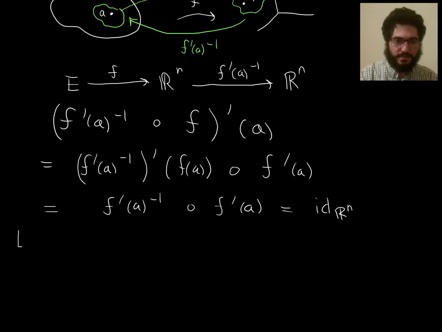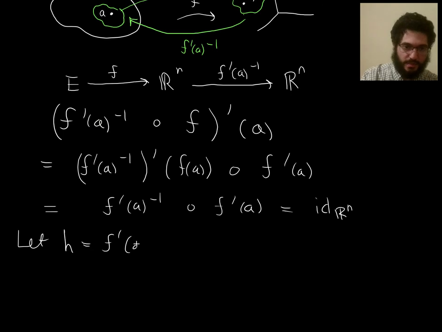So let's call this composite H. So let H be this composition, and it maps E to Rn.